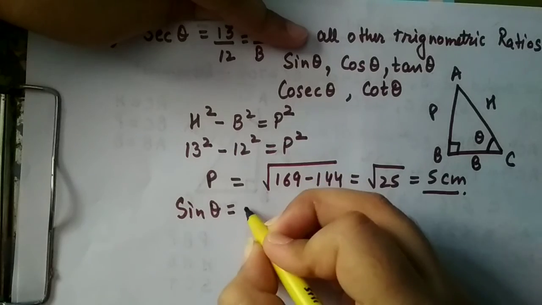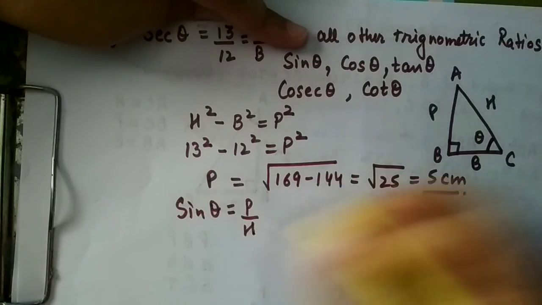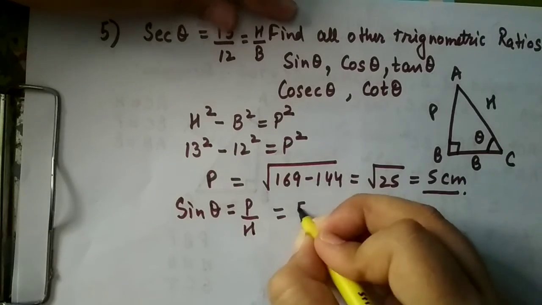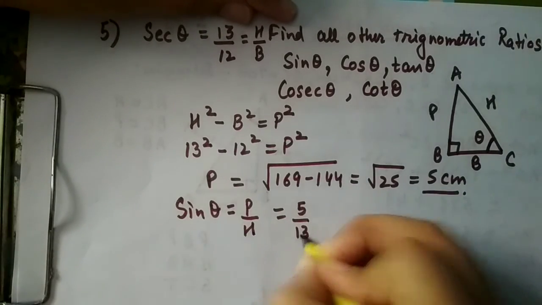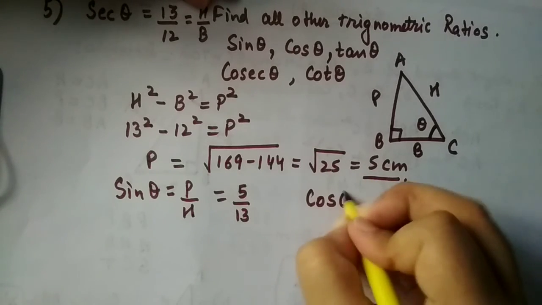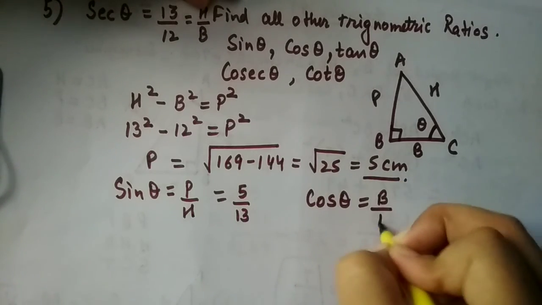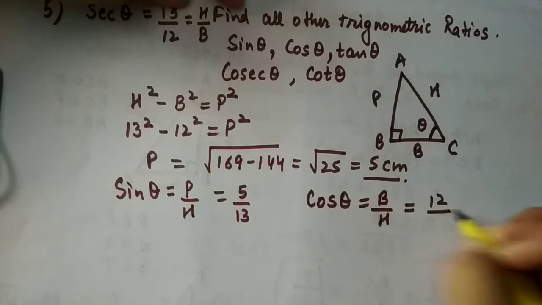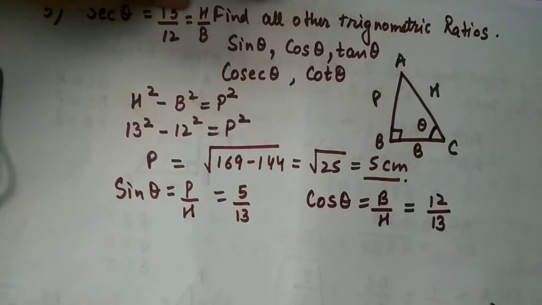Sine theta is perpendicular upon hypotenuse. Perpendicular is 5 and hypotenuse is 13. So 5 upon 13 is the value of sine theta. Let's see the value of cos theta. Cos is base upon hypotenuse. Base is 12 and hypotenuse is 13. So this is cos theta.